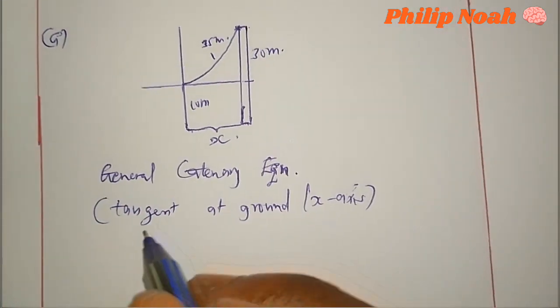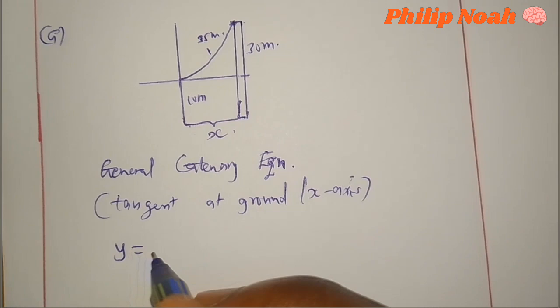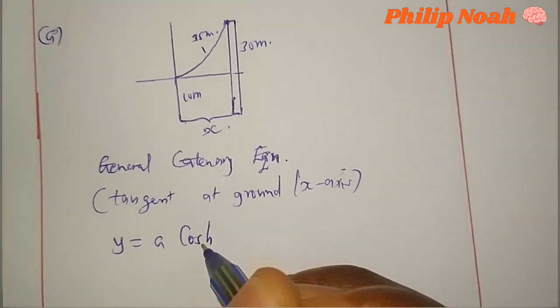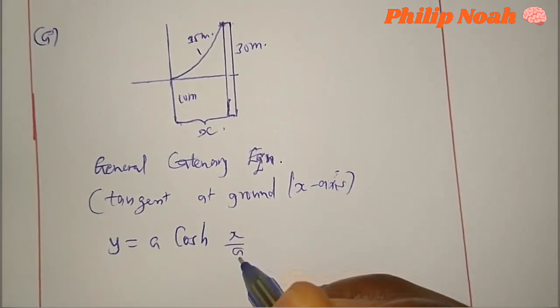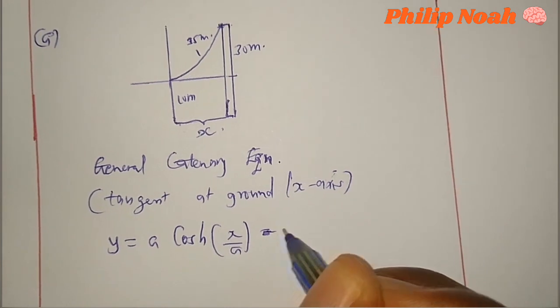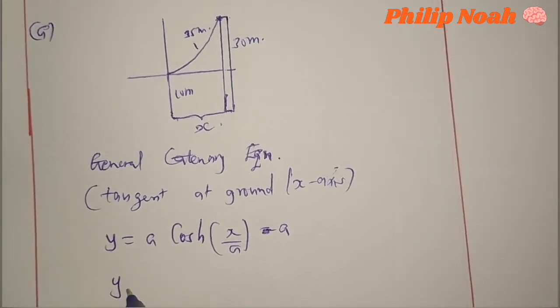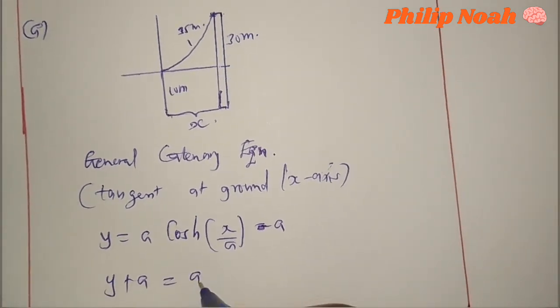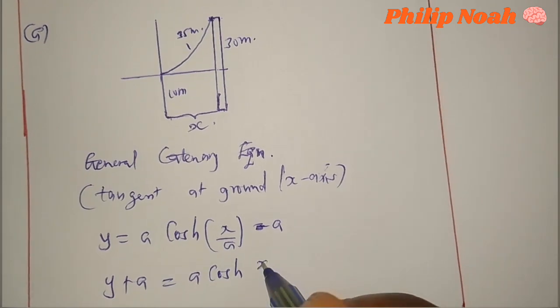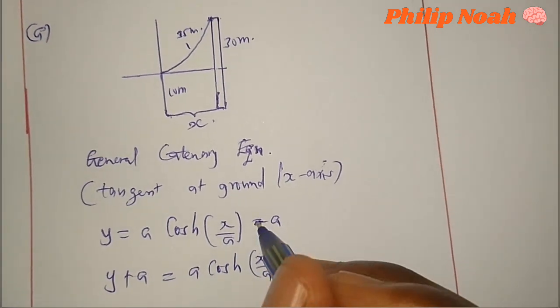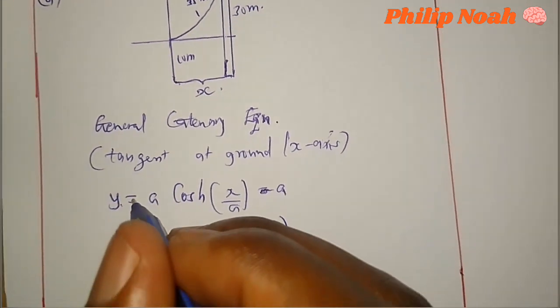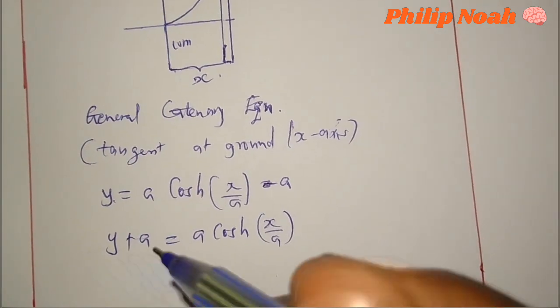So the equation is in this form: y equals a cosh(x over a) minus a. This can be written as y plus a equals a cosh(x over a), where I have brought the a to the other side of the equal sign.